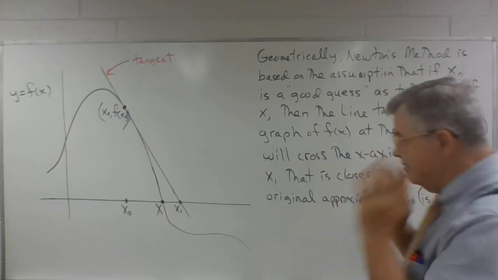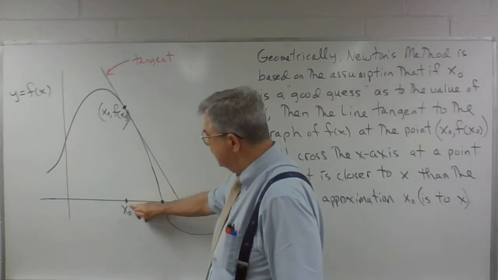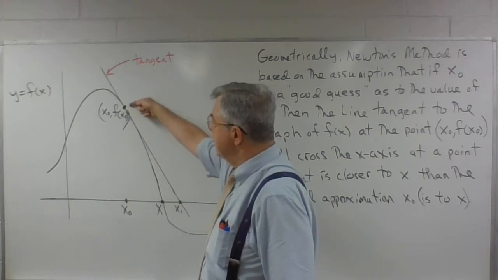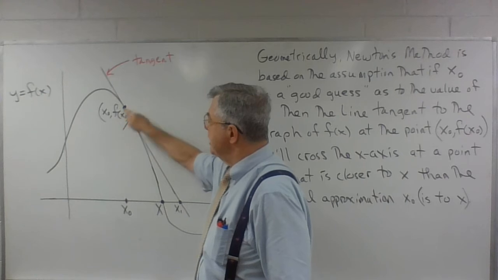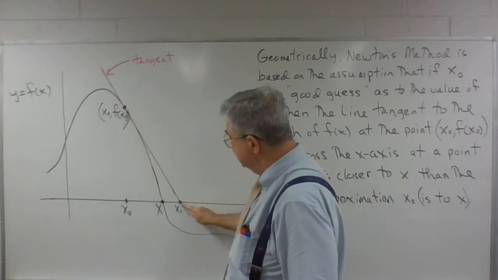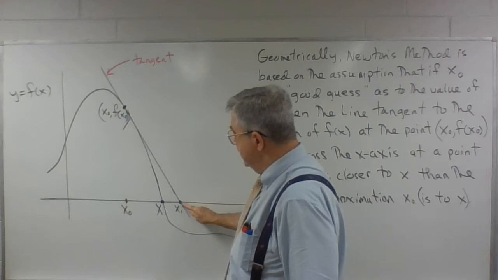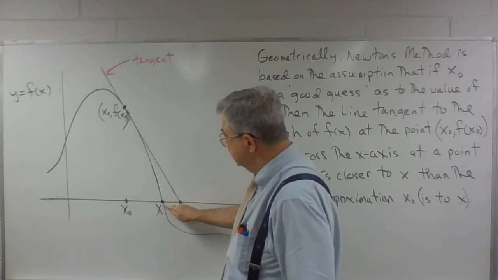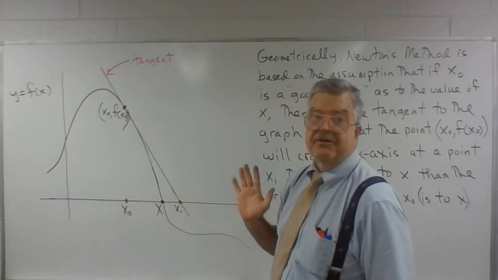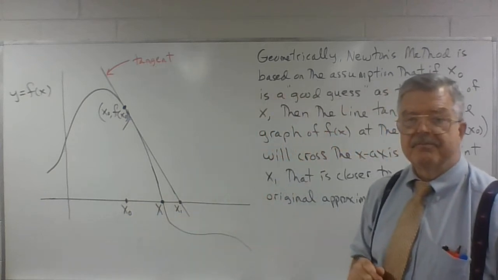If we get a good first approximation x naught, and we draw the line tangent to the graph at the point x naught, f of x naught, that tangent is going to cross the x-axis at a point that is closer to our solution than x of naught is. That's our entire premise.